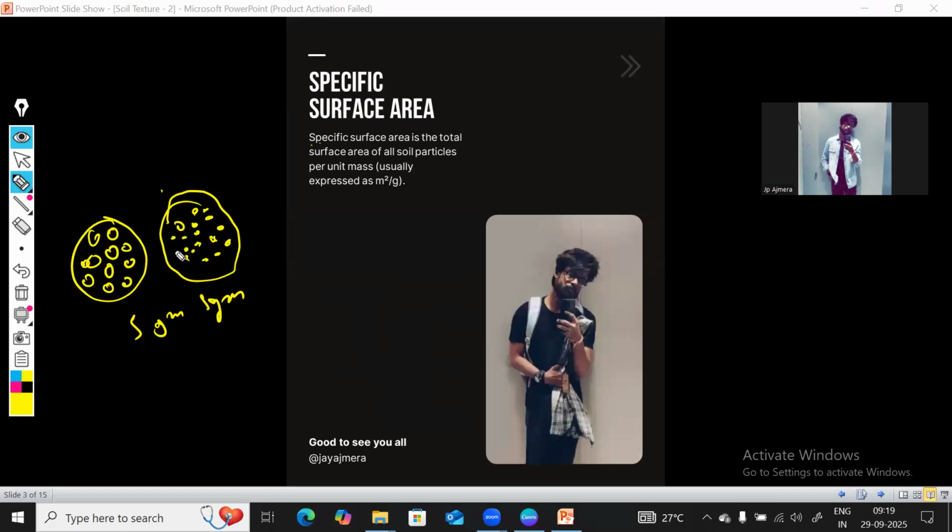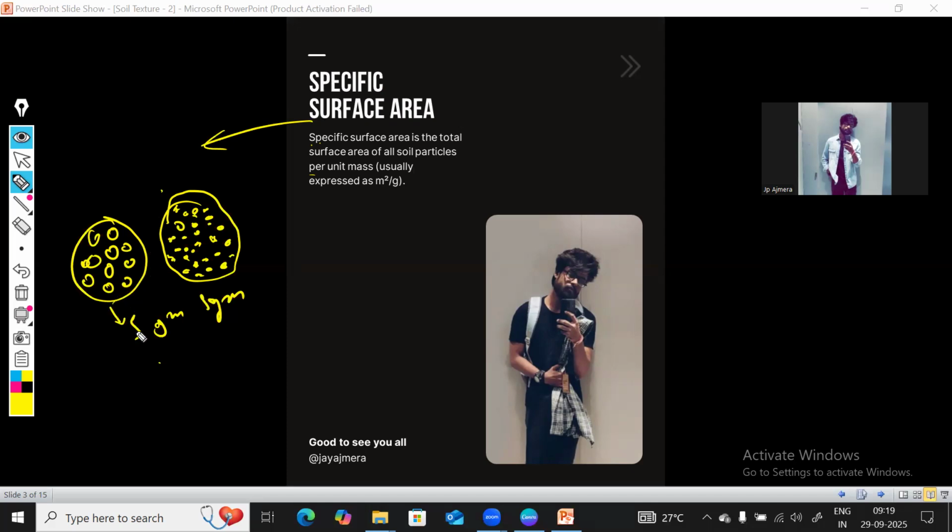Why do we need to fix the per unit mass? It is usually expressed as meter square per gram, like fixed area per unit. Say in 5 gram of soil there are a number of particles.